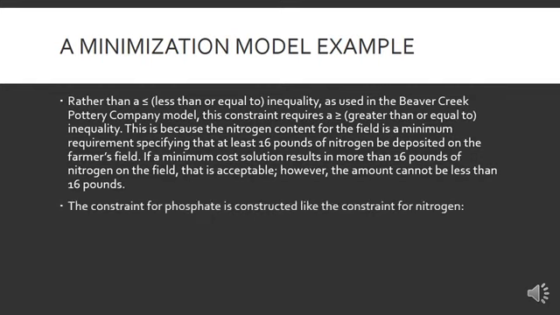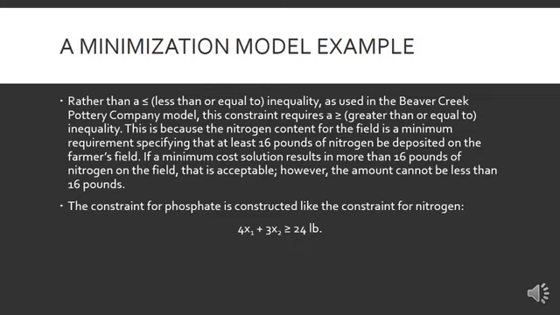The constraint for phosphate is constructed like the constraint for nitrogen. So 4x sub 1 plus 3x sub 2 is greater than or equal to 24 pounds. So malinaw sa inyo yun na pagdating sa minimization, less than or equal to or greater than or equal to ang ginagamit.